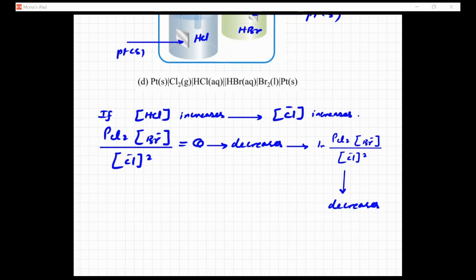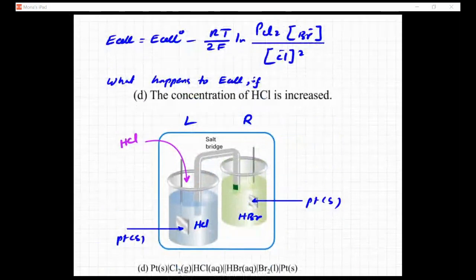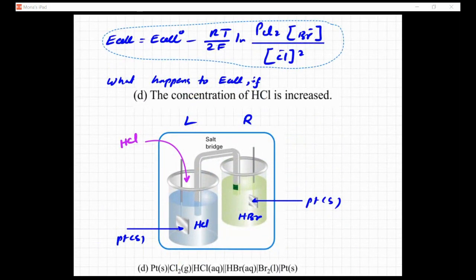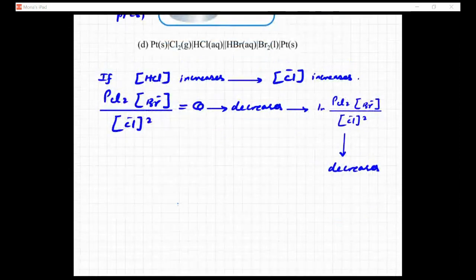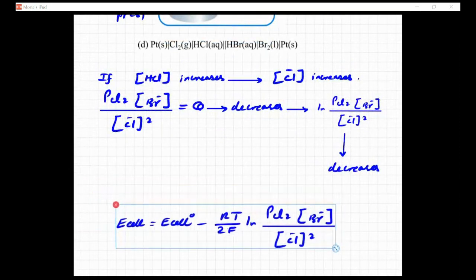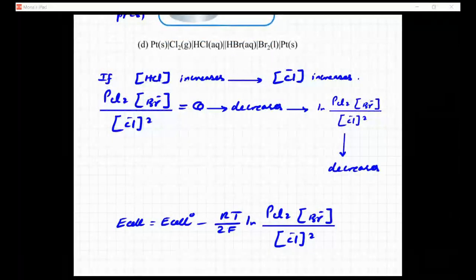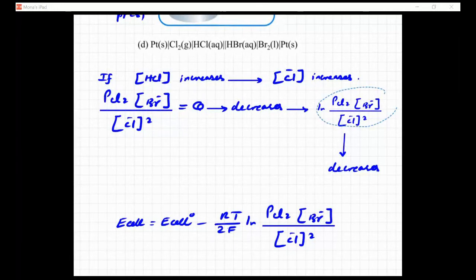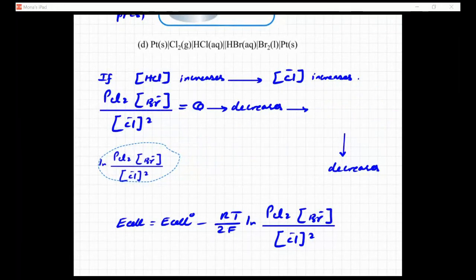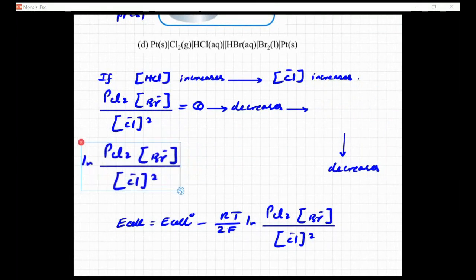So what will happen if this decreases? What will happen to the quotient? Sorry, what happens to the E cell? Let me put it here to make sure it is clear.